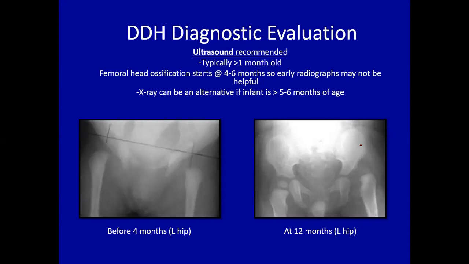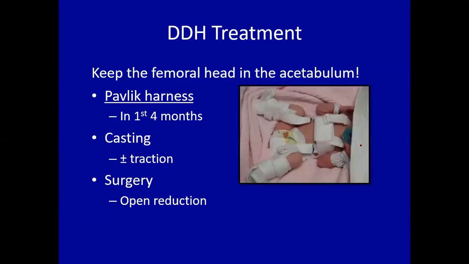We really need an ultrasound. Right about a month, if we're suspecting this, we need to do an ultrasound. The ultrasound will show that cartilaginous structure of the head and whether it's in the acetabulum or not. That's something to take note of. At about 4 to 6 months, we can start to think about x-rays.